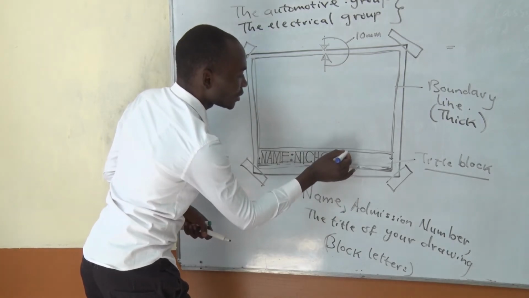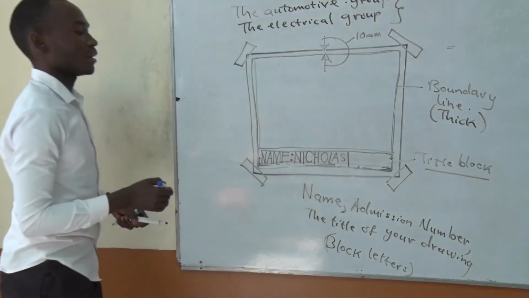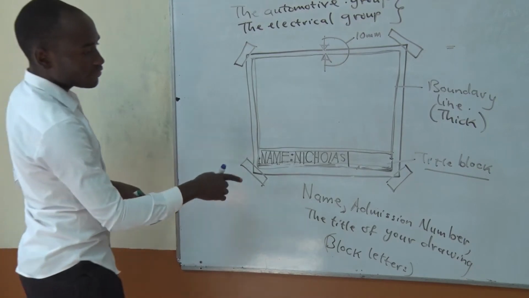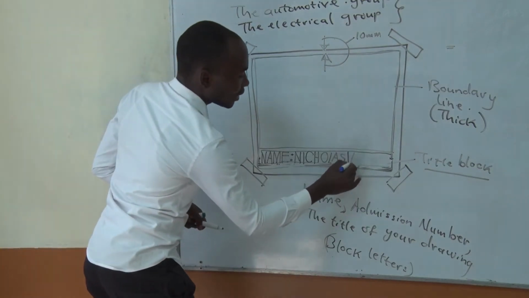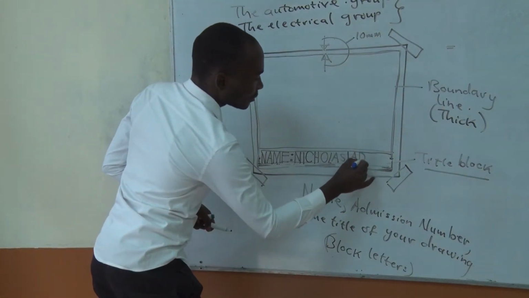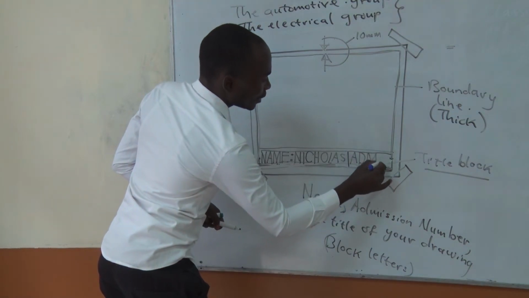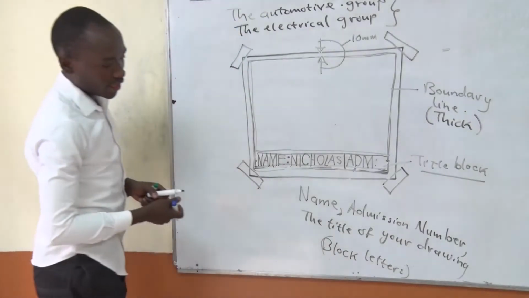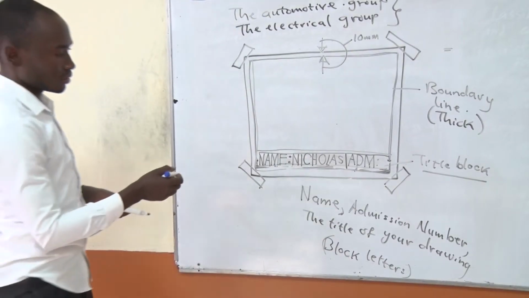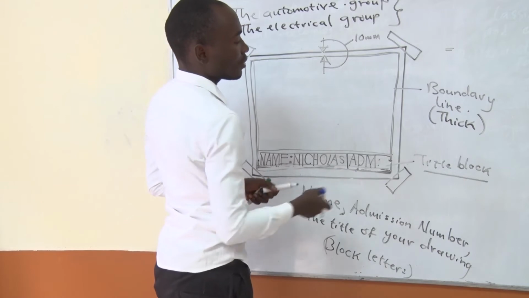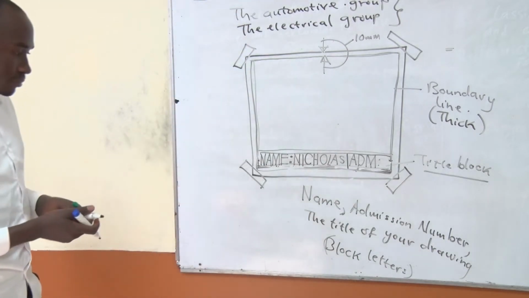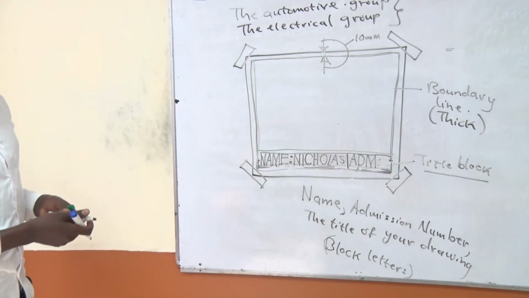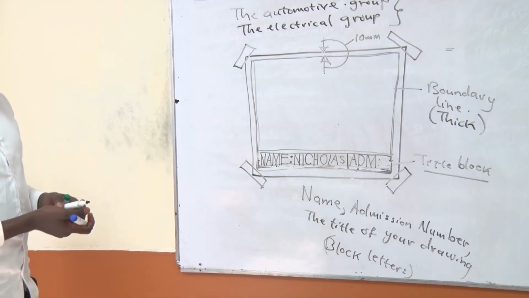Then you will draw a line to separate the name. Then from there you go to your admission number. You write ADM, then you put some semicolons, then you write your admission number. Then again you will write the title. I think my space is too small. And then basically that is how you set up the paper.